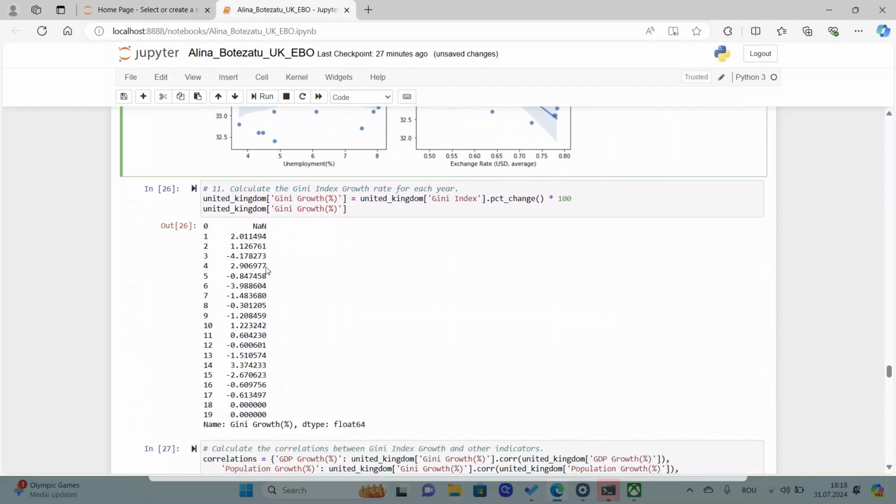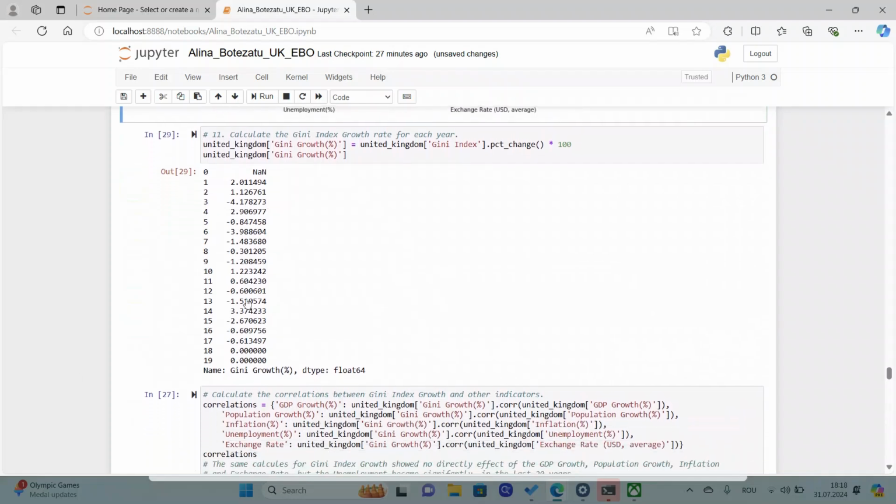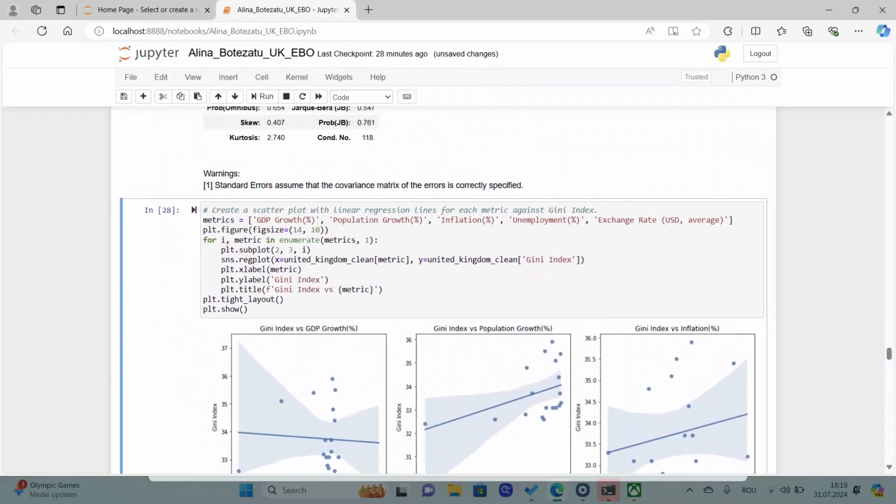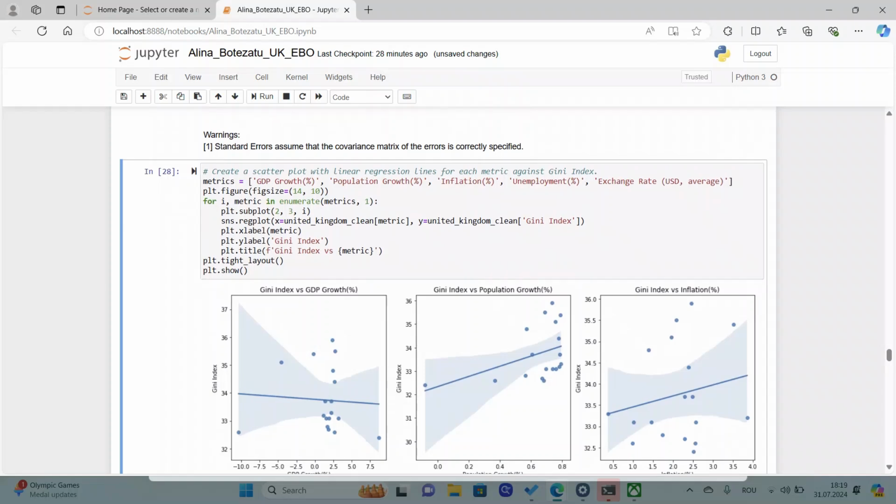Then I calculated the Gini index growth rate for each year, because I thought maybe, compared with the other indicators in the analysis, the Gini is an index and was higher than the other numbers.